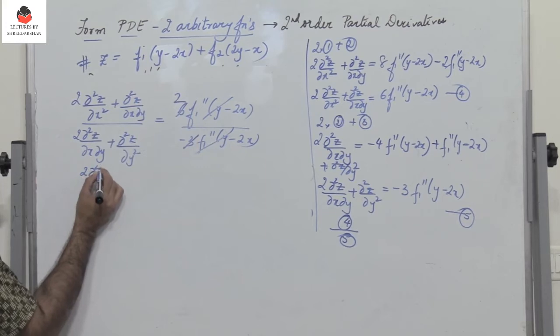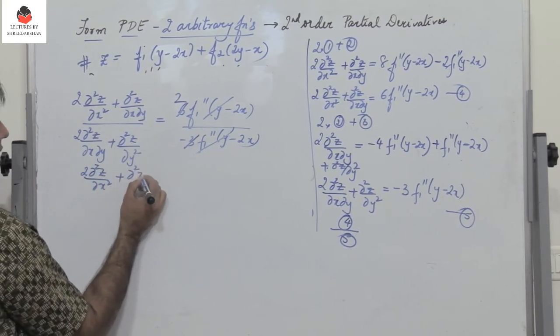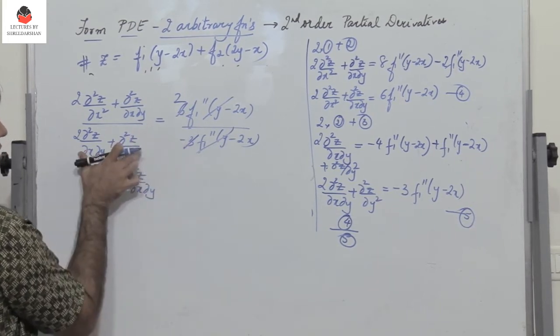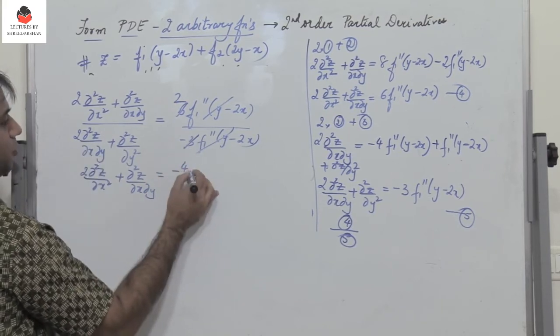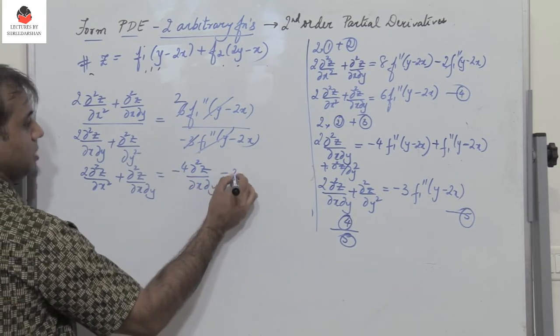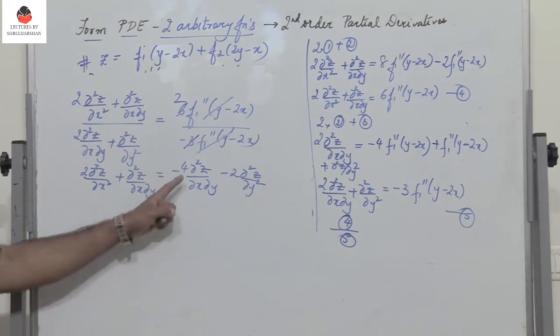So 2 ∂²z/∂x² plus ∂²z/∂x∂y, I'm multiplying this by minus 2, equals minus 2 into 2 is minus 4 ∂²z/∂x∂y minus 2 ∂²z/∂y². So bring this to LHS.